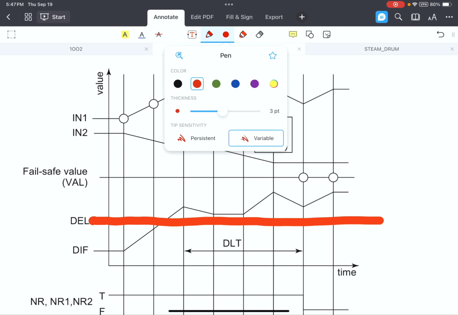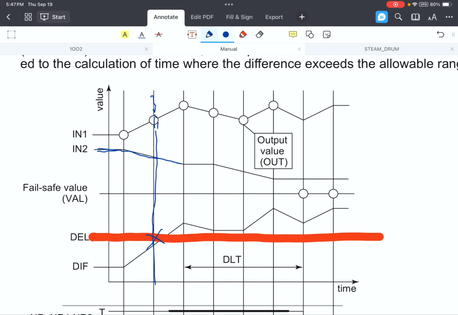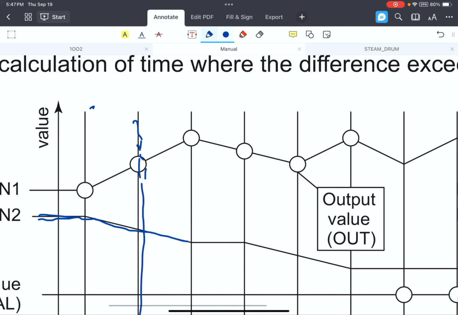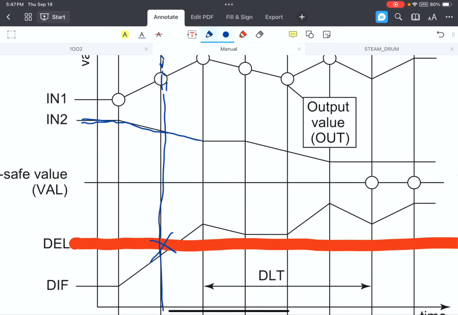Input 2 is decreasing gradually, and from here the deviation is getting more than delta, but as you can see, these intervals are the cyclic cycle of CPU, and we just take action in the next cycle of CPU.